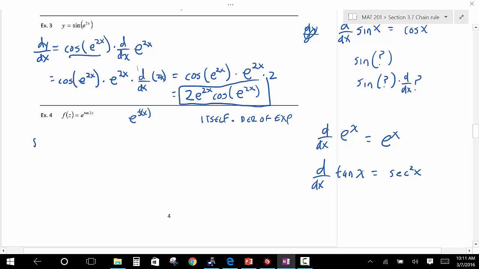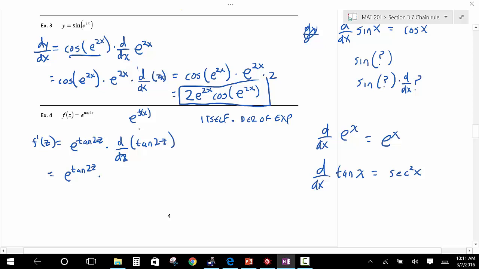So f prime of z, first of all, it's e to the power, so it's itself, e to the tangent of 2z, times the derivative of the exponent, which is tangent 2z. You want to write some steps on this, so that's how the chain rule goes. Now if we move on, we have e to the tangent of 2z.